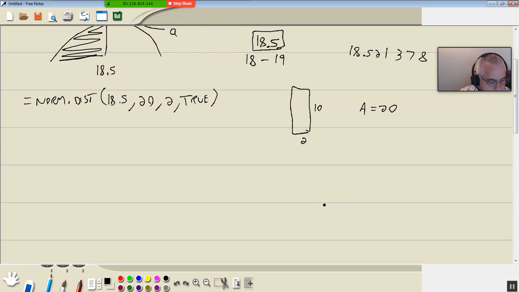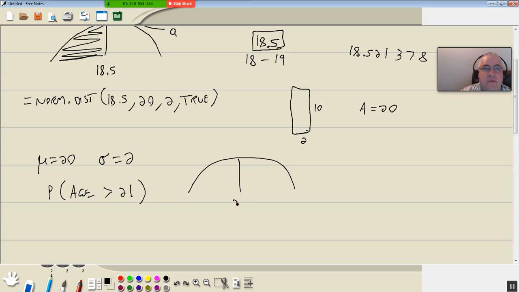So let's talk about our greater than case. Let's say our mean is still 20, and sigma is equal to 2. And then we're talking about what's the probability that their age is greater than 21. Now if I draw my picture, there's 21, greater than is shaded this way.